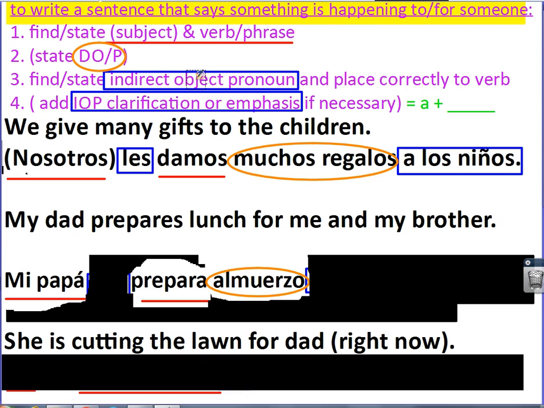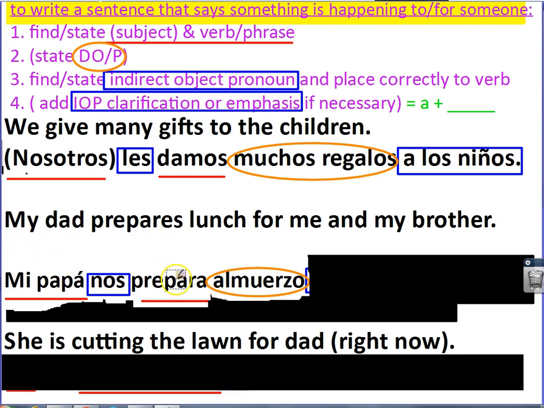Hopefully it will get stuck in your brain. And so if it's happening for me and my brother, which IOP do I need? Me, te, le, nos, os, or les. It's happening for us, so I need nos. I need to place it correctly in relationship to the verb, and it's a conjugated verb. Where do pronouns go in relationship to conjugated verbs? Before.